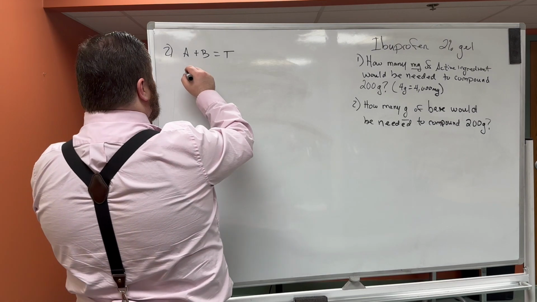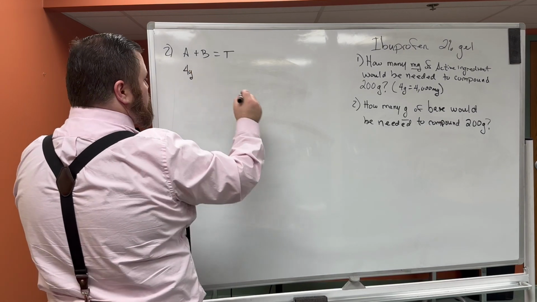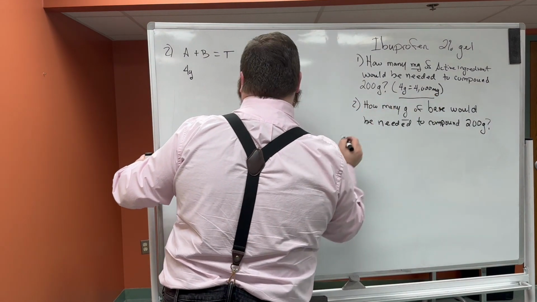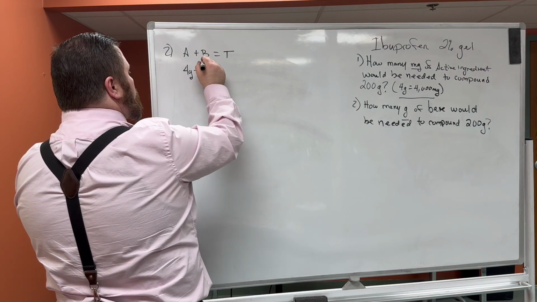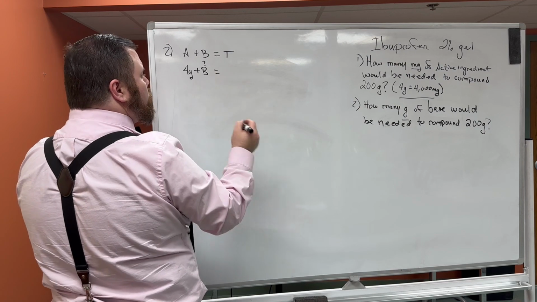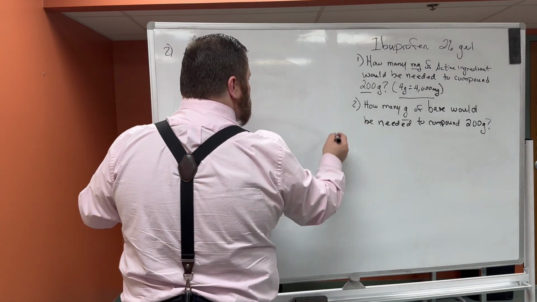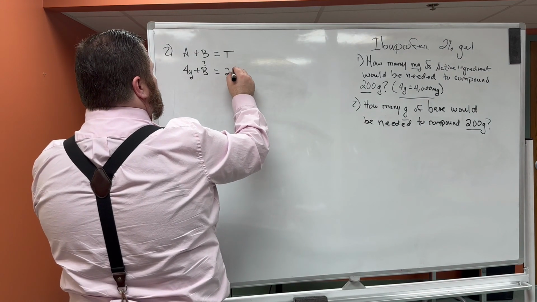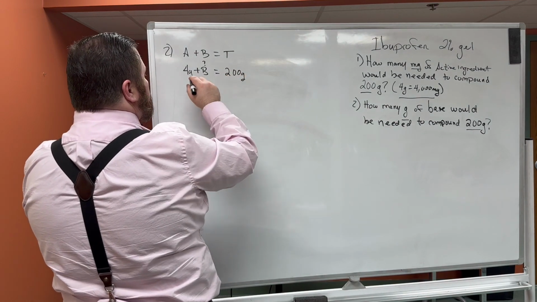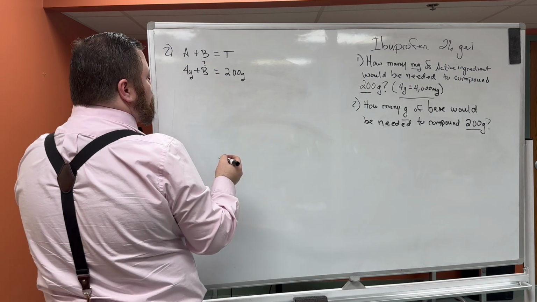So for our active, we know that there are 4 grams based on our answer from the first part. What is in question is our base. We don't know this, but we do know the total, and the total is 200 grams, as stated here. So we know that 4 plus something is going to give us 200 grams.